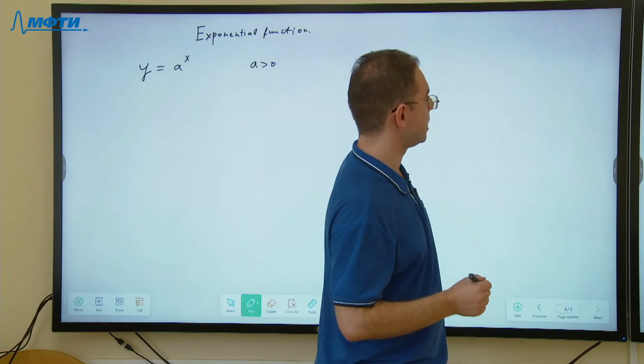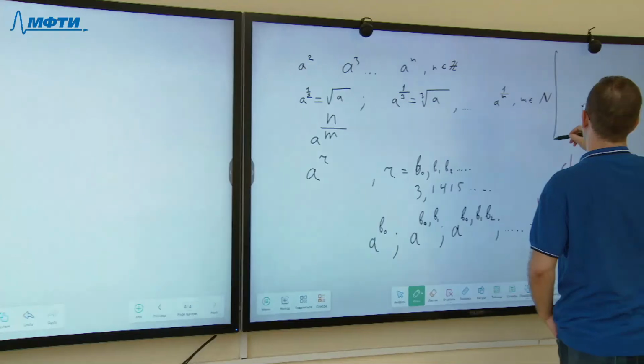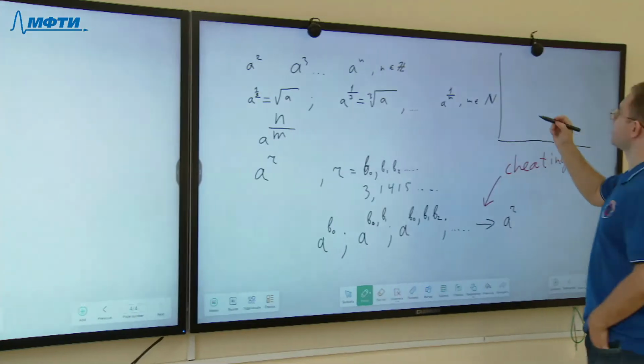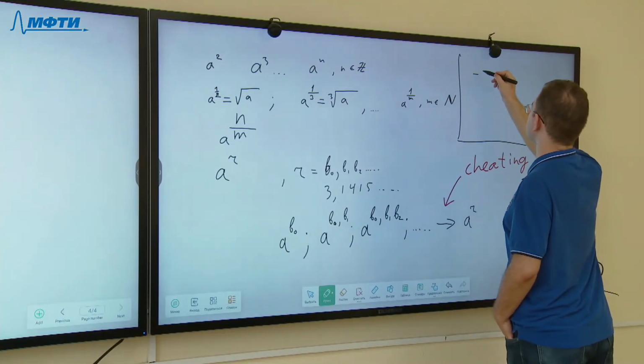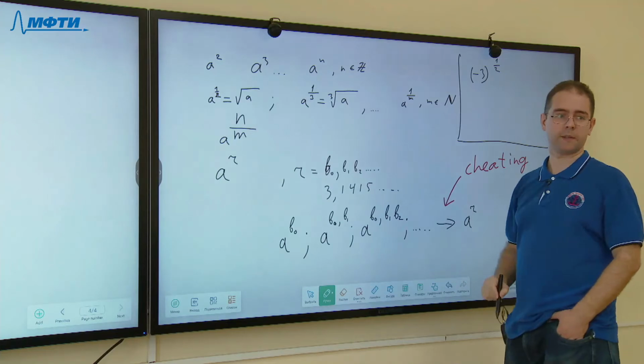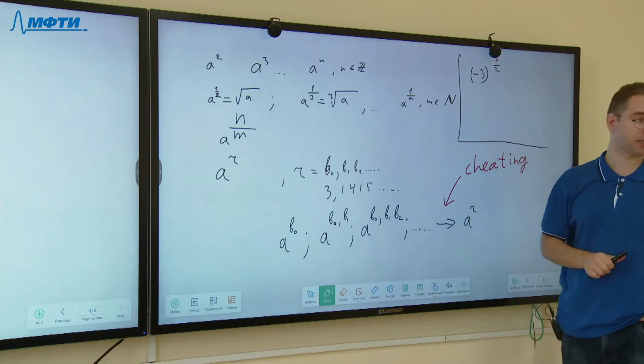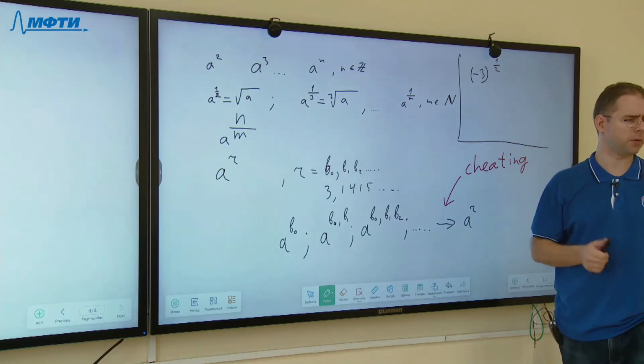Yes, let me explain it over here maybe. So suppose I want to raise -3 to power 1/2. I cannot do this because I do not have a square root of -3.